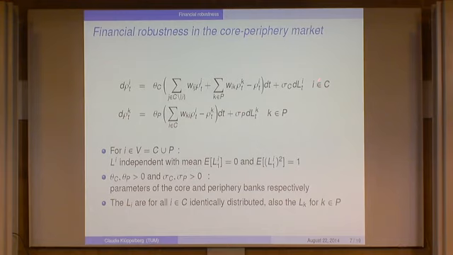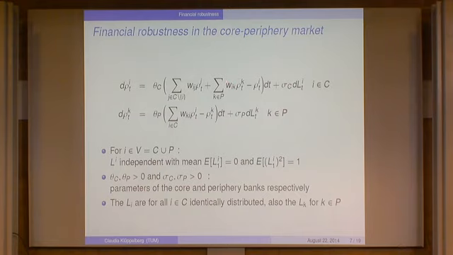We have core banks, and we have periphery banks. And now the question is, what influences financial robustness of a core bank? Well, it's influenced by all banks which are creditors of the core bank, which are actually, in my model, all the other core banks, and all the periphery banks.